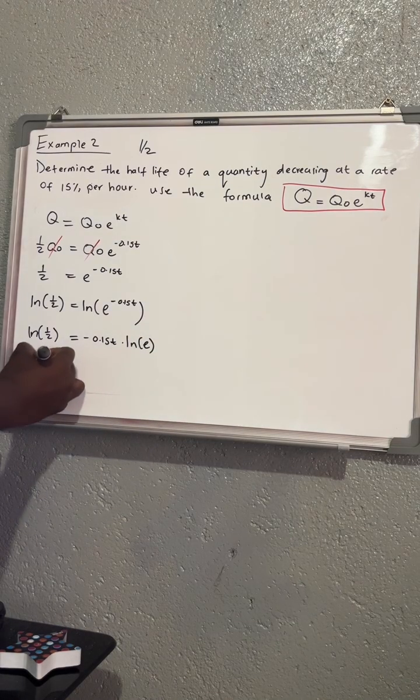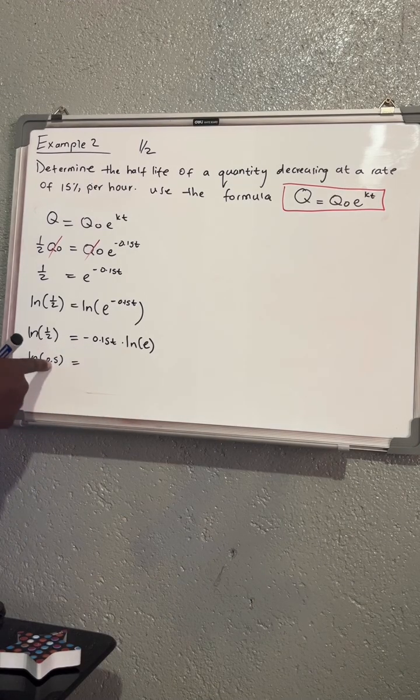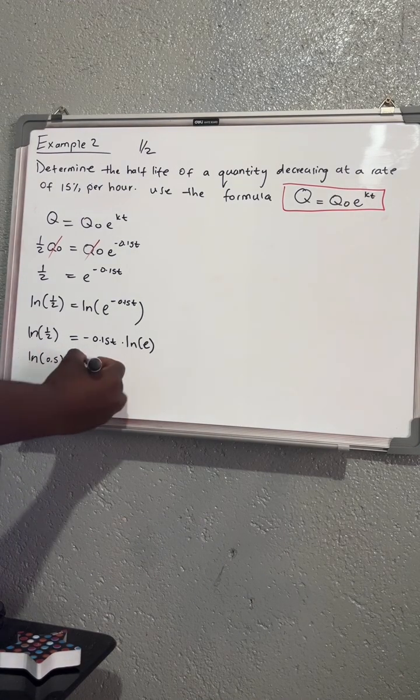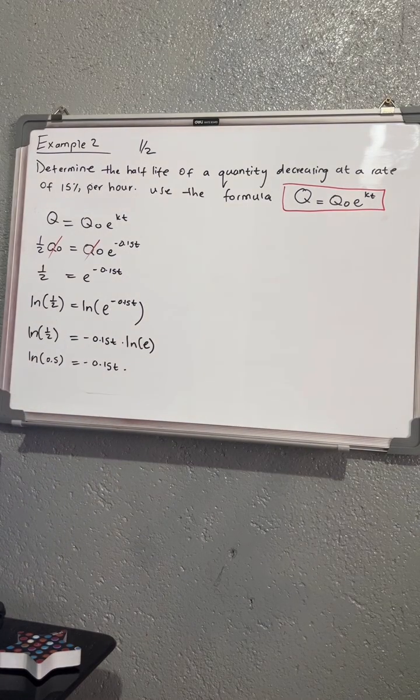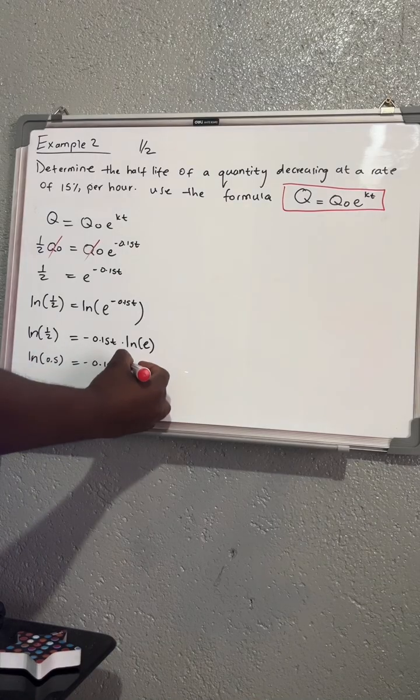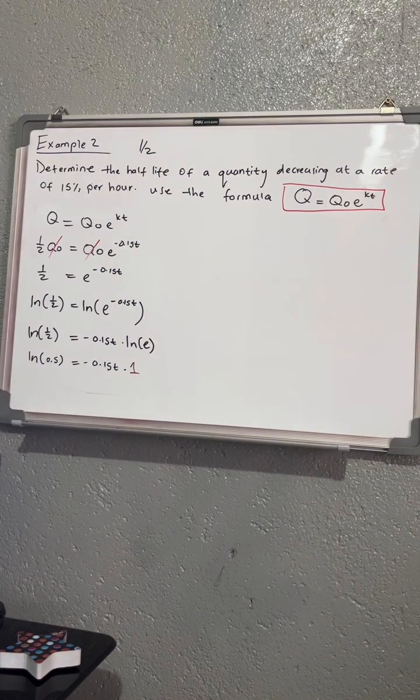This is the same as having ln of, let me just write the 0.5 here. We have 0.5, this is the same, 1/2 is 0.5. We have minus 0.15 T, then ln of E, this is 1. Then now what happens is that you just have to divide by minus 0.15.